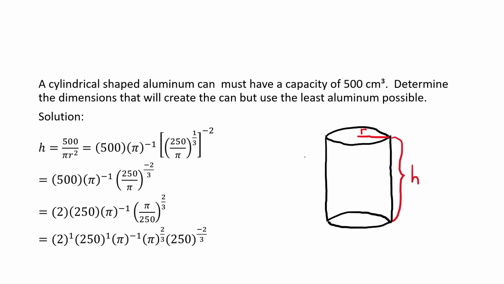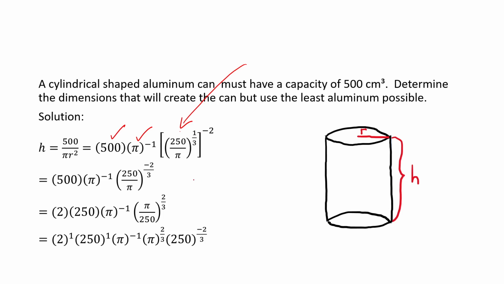What ends up happening then is we can say h equals 500 pi to the negative 1 r to the negative 2, as we just said on the previous slide. But earlier we had said r is equal to 250 over pi to the exponent 1/3. So saying r to the negative 2 and subbing in our value for r, we get the expression shown here.